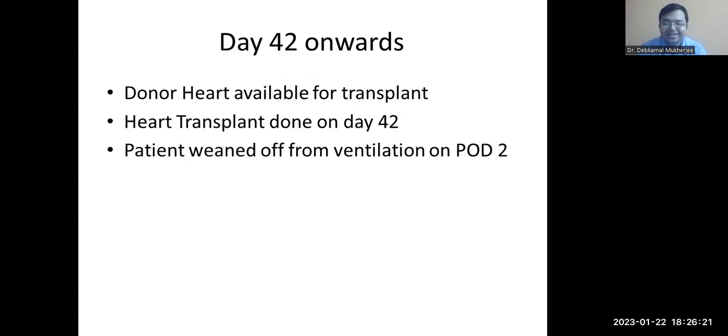And finally, on day 42, we received a call from ROTTO, and a donor heart was available for transplant. So this heart transplant was done on day 42, and after that the patient could be weaned off the ventilator on the second POD.